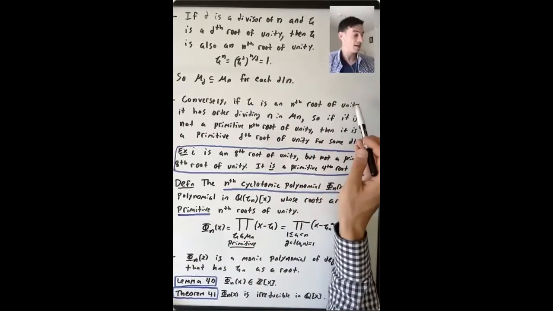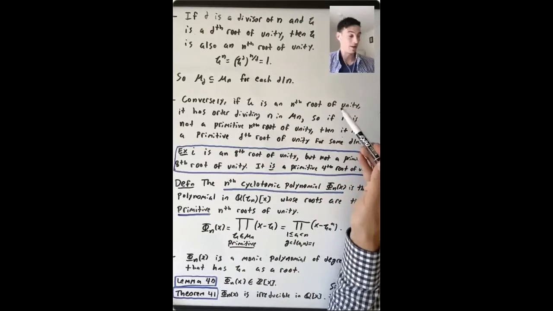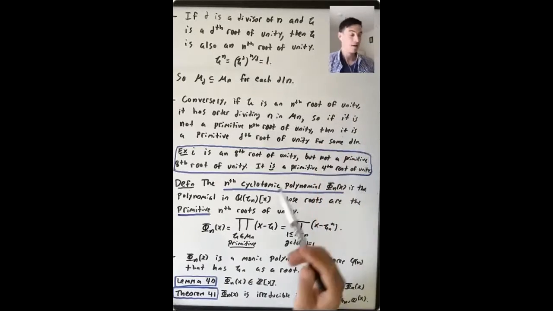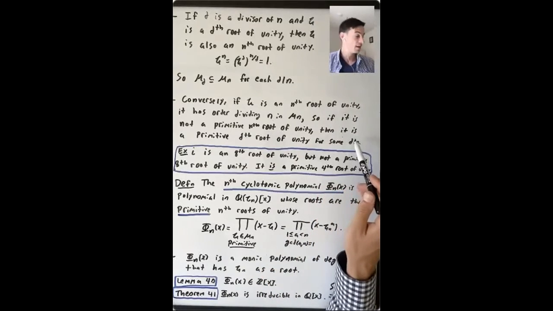It's in this finite cyclic group of order n, so by Lagrange's theorem, it has to have order dividing n in mu n. So maybe it has order n, and then it is a primitive nth root of unity. But if it's not, then it has to be a primitive dth root of unity for some d dividing n. That is, it's going to generate a subgroup of order d for some divisor d of n.